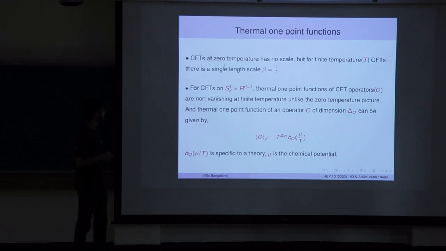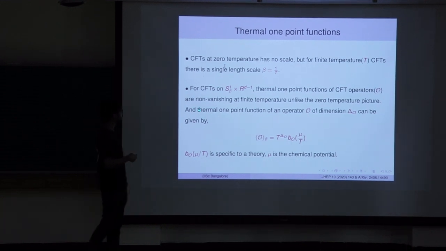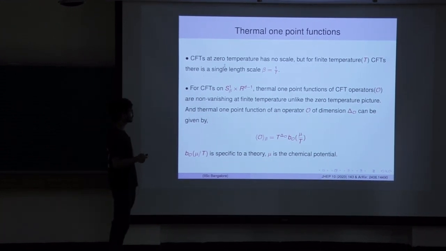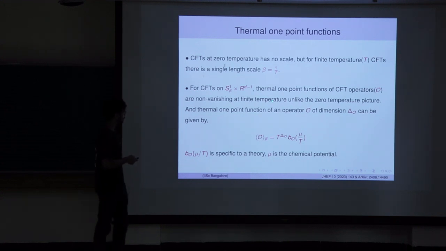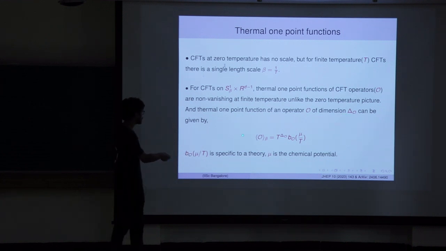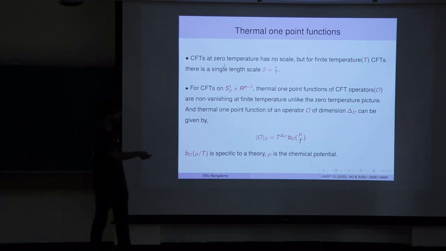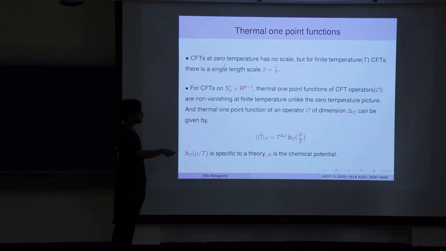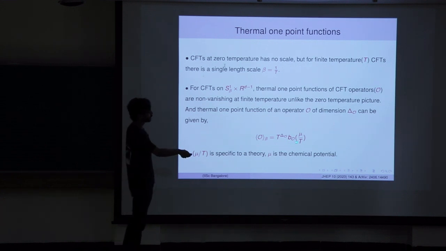Then the general structure of thermal one-point functions for CFTs at finite temperature: if I consider an operator O of dimension delta_O, I can write the general structure as T to the power delta_O times b_O. T to the power delta_O takes care of the dimensionality of this operator, so the rest of this object has to be some dimensionless object.